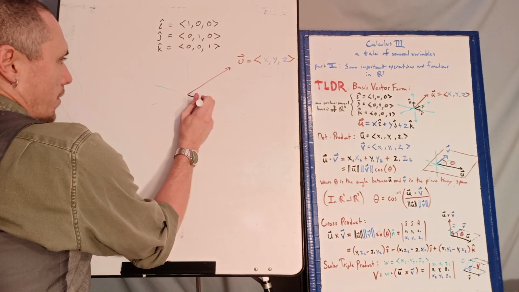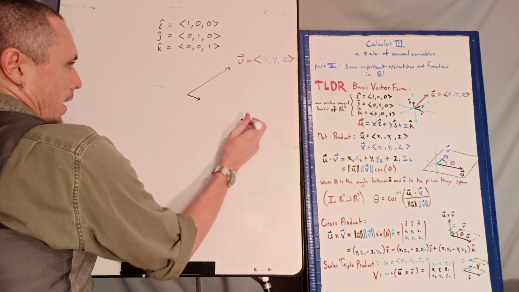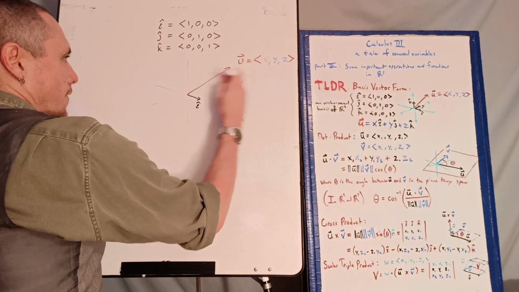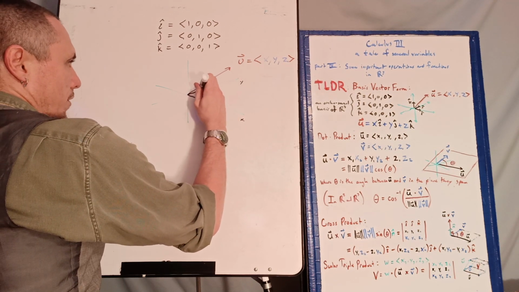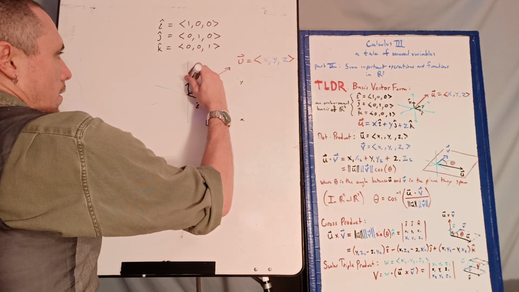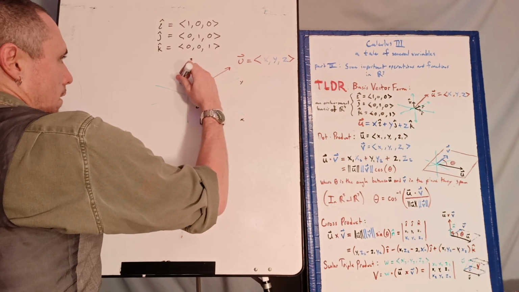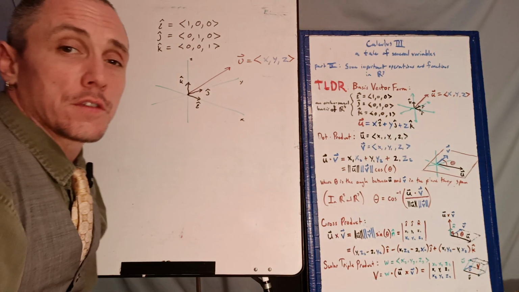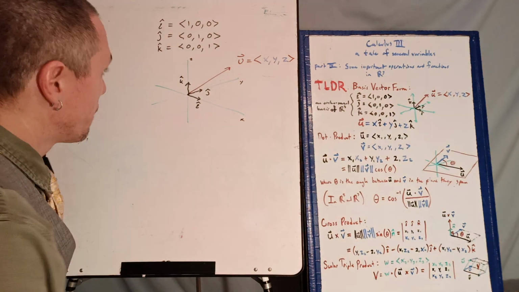So perhaps along the x-axis, we might have the basis vector i hat. Along the y-axis, we might have the basis vector j hat. And along z, we have k hat, right? We call this the hat symbol, and it denotes that these are unit vectors having length of 1.